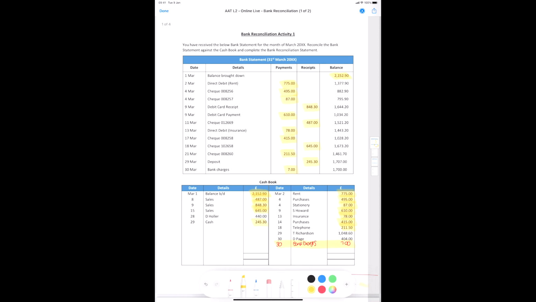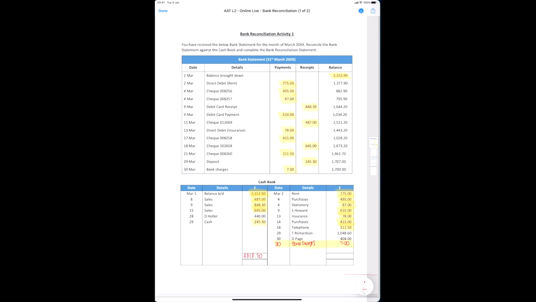Now, the next thing that we need to do is balance off our cash book, because that's the information we're going to need in order to complete our final step 3 in this case. Everything is entered in the cash book now, so we need to balance off the cash book. The total on the debit side is £4,818.50. The total on the credit side is £4,131.10.